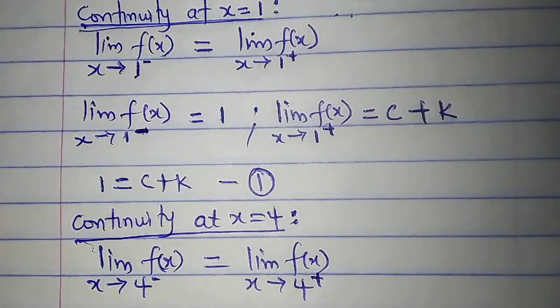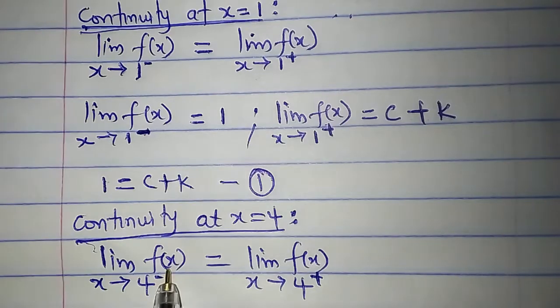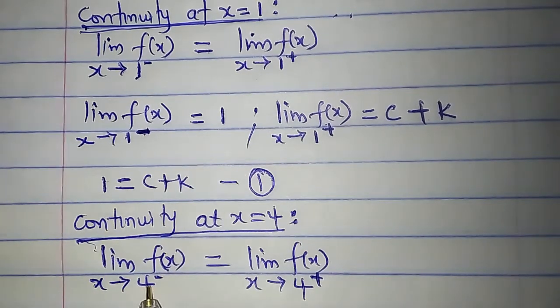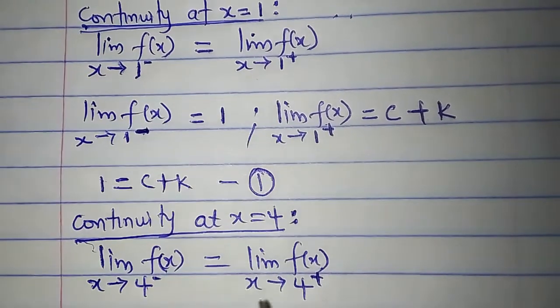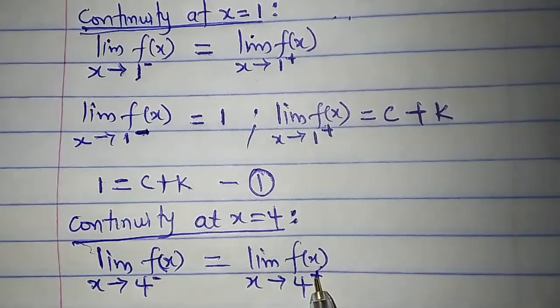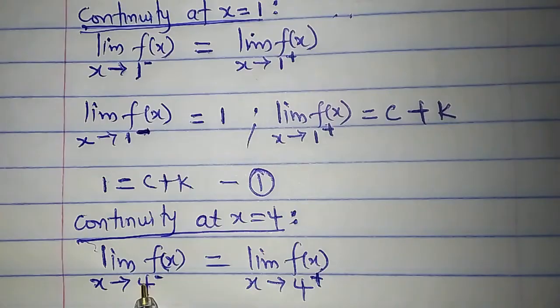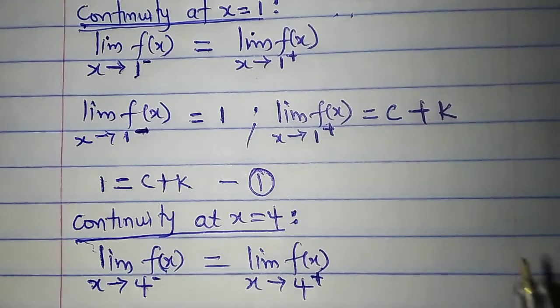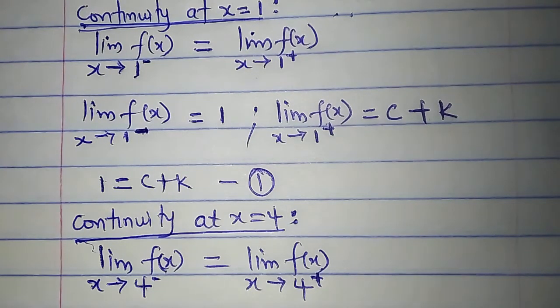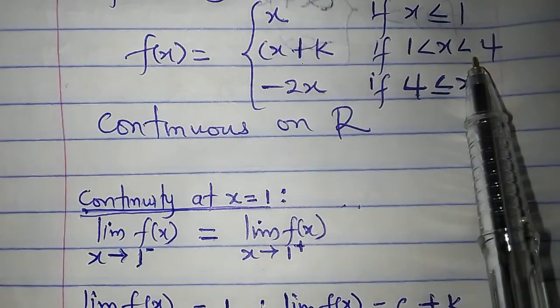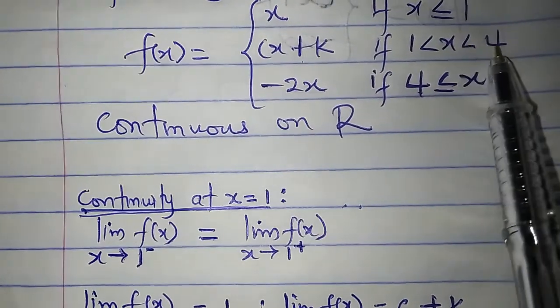For the function to be continuous at x equal to 4, the limit of the function as x approaches 4 from the left must be equal to the limit of the function as x approaches 4 from the right. As x approaches 4 from the left, we have x less than 4. I can see it here. X less than 4.